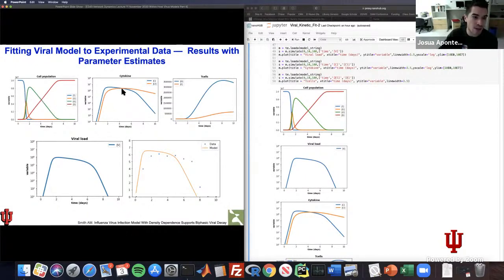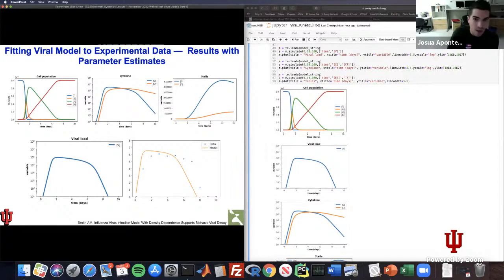We got values for the cytokines in the tissue and the lymph node, for the number of T cells in the lymph node and the tissue, the viral load curve, and then finally we can compare the data points to the data set.